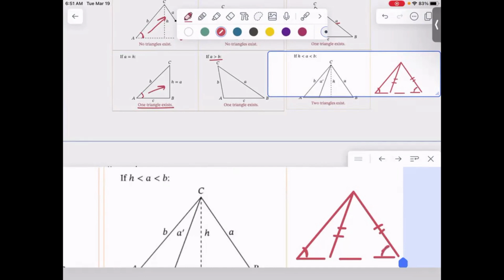One where B is an acute angle and the other where B is an obtuse angle. Those are the two options we have. And like I said, height isn't usually given to us. It is something you can always solve for. But we will talk about how I can use the law of sines to solve something like this.